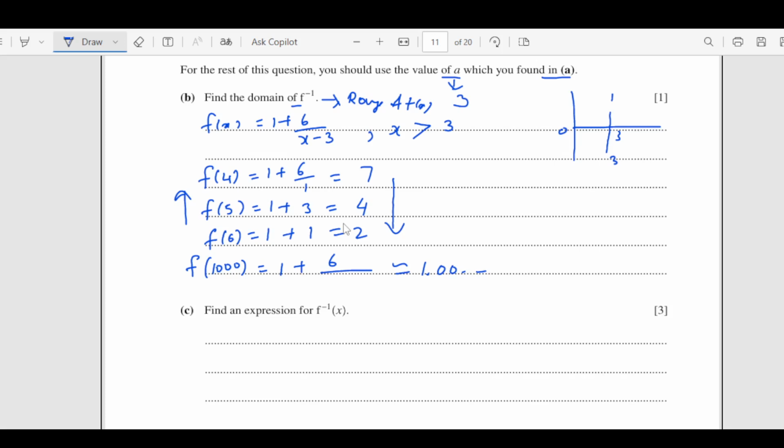When x is 4, y is 7, let's say 7 is somewhere here, then when x is 5, the graph is going to go like this. It is not approaching this line because x cannot be 3. As we approach this side, the graph is decreasing, but it is always greater than a certain value, which is 1. So the range of f(x) is going to be greater than 1. Therefore the domain of f inverse x is going to be greater than 1 always, right?